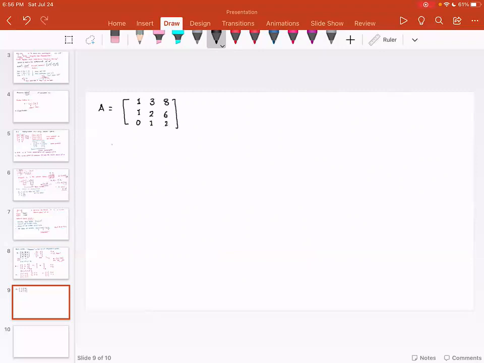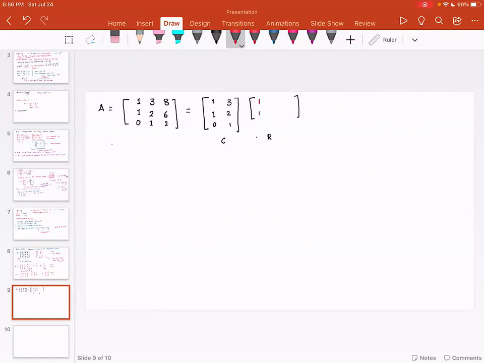I'm going to write the column space as 1, 1, 0, 3, 2, 1, and I need to find another matrix that would give me this factorization. It's not difficult to visualize.